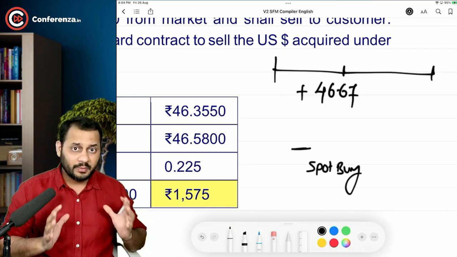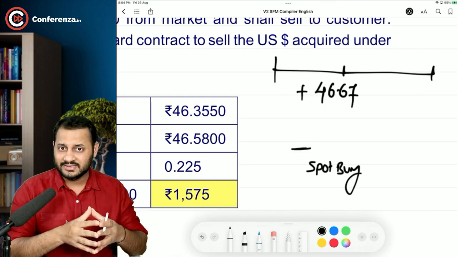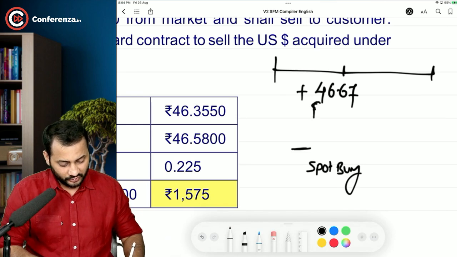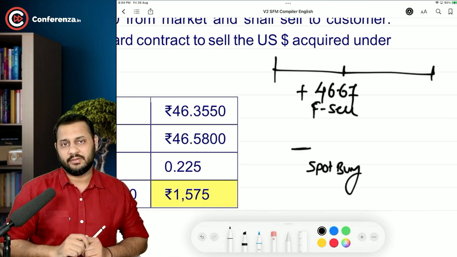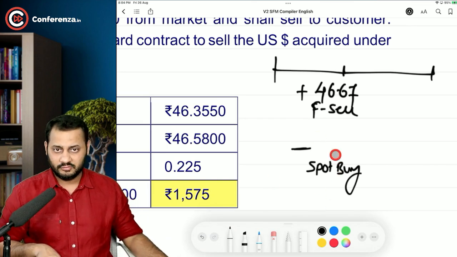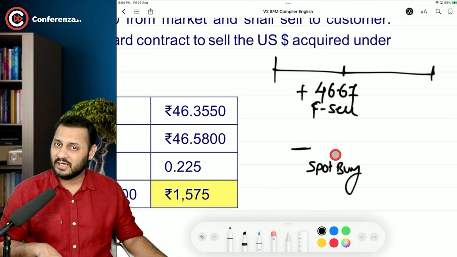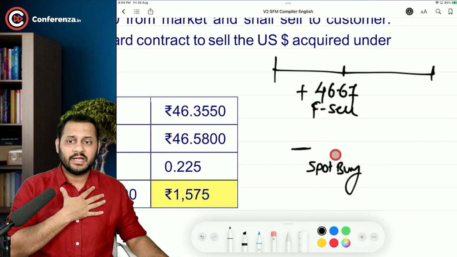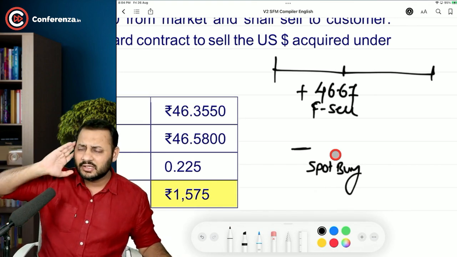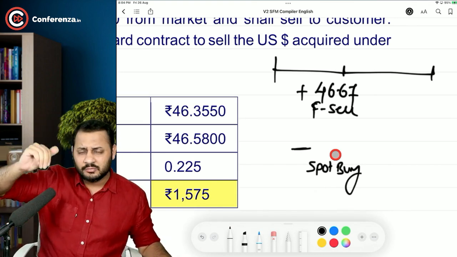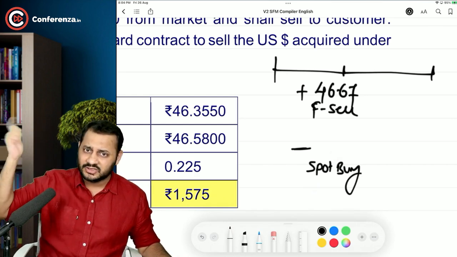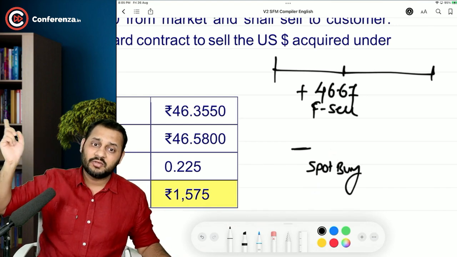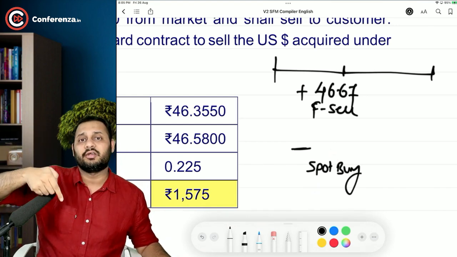We were not prepared for the early delivery or early sale. This was a forward sell. That will be covered with a spot buy. We will buy it from the spot market from another bank. This bank will go to another bank and call them that this guy has come early. I have to make the payment of $7,000 to him. Just give me the rate. So the other bank will give them the spot rate.